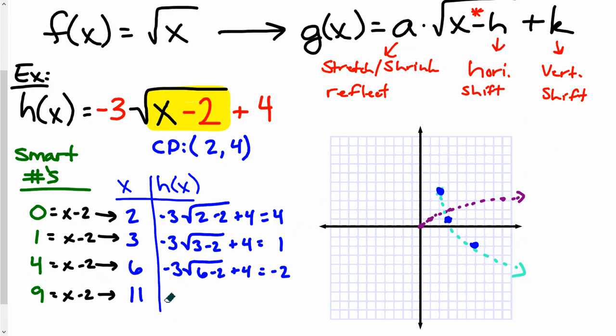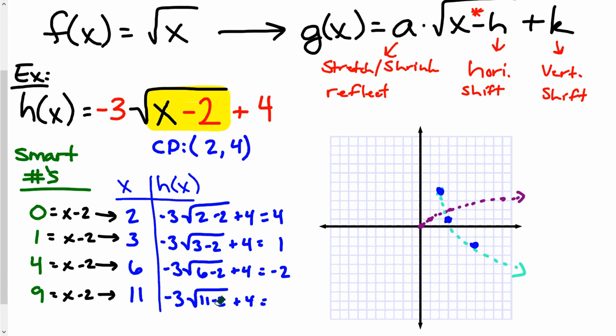All right. So the last point that I'm going to be able to fit on the graph, I suspect, is this one right here. So let's substitute an 11. So -3 times the square root of 11 minus 2, plus 4. Do some arithmetic. And keep in mind, you can do this in your calculator, but it's almost faster to do it in your head, especially since you know you're going to end up with nice, pretty whole numbers. 11 minus 2 is 9.